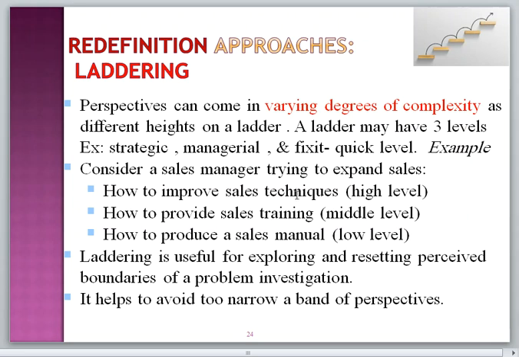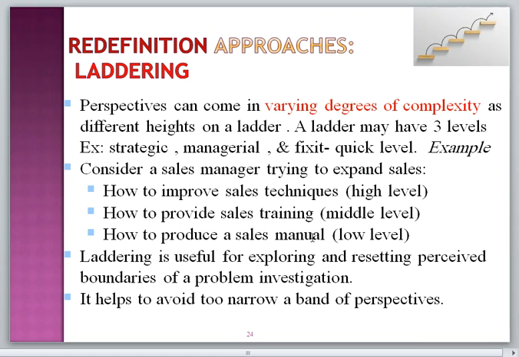On a higher level, the problem might be how to improve sales techniques. In the middle level in the organization, it's about training. And at a lower level, training is very high, so let's just have a good sales manual. So the problem is developing a sales manual.